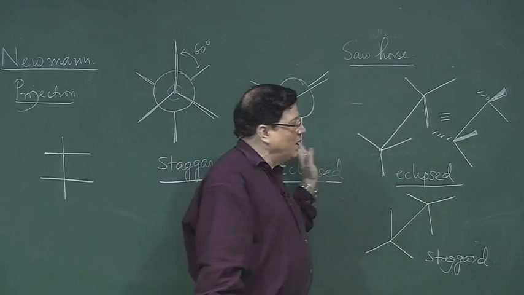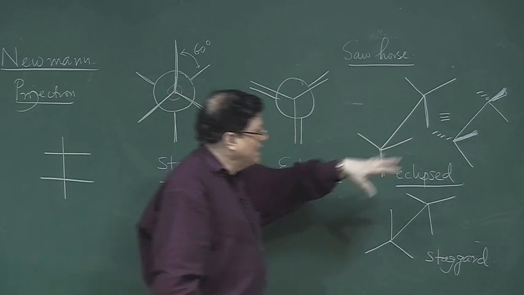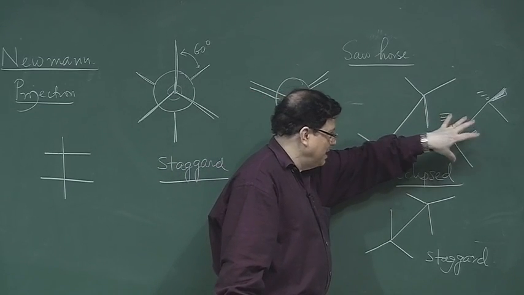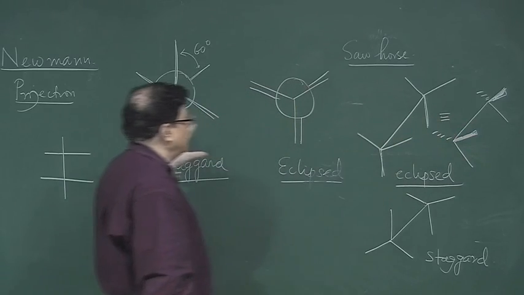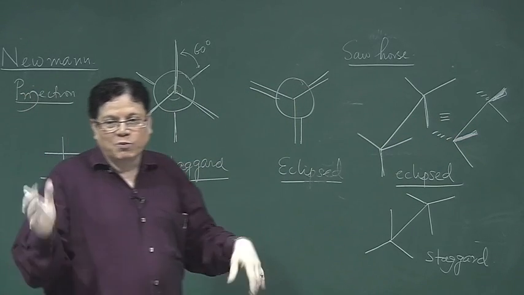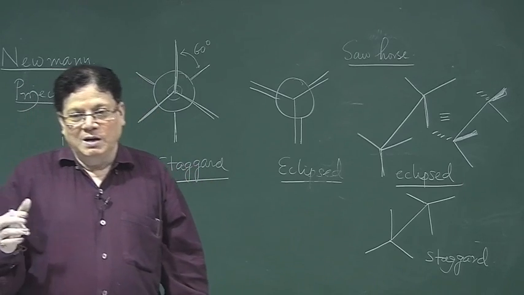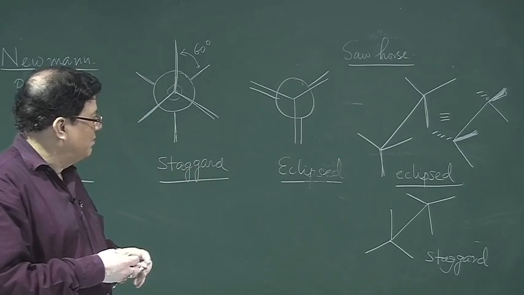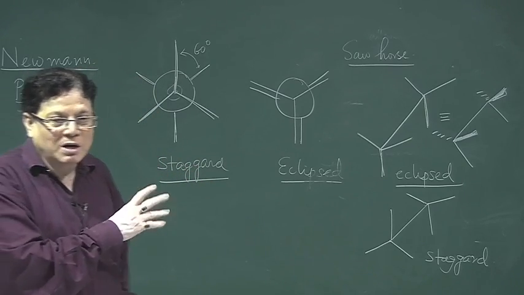So, likewise I can give you the wedge formula and you convert it into the Fischer projection or the Newman projection. So, a lot of problems can be generated through this interconversion. Okay. So, this is a very important concept.